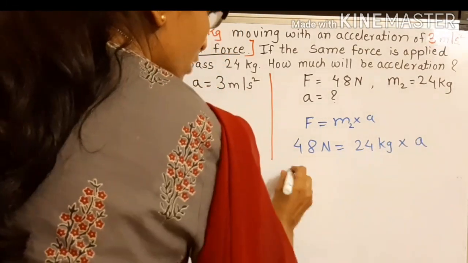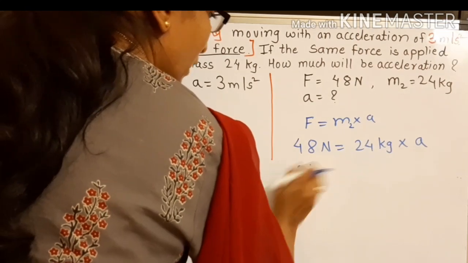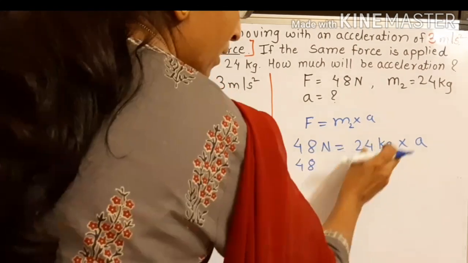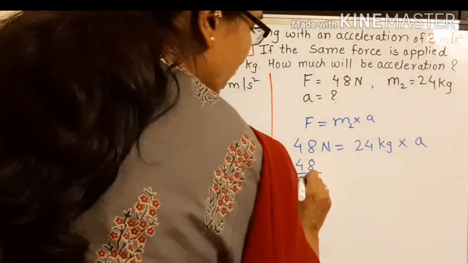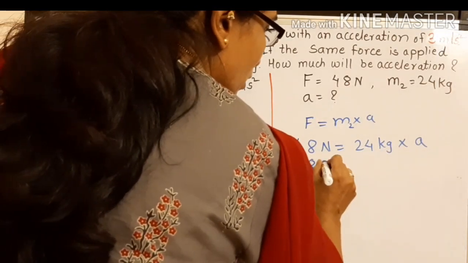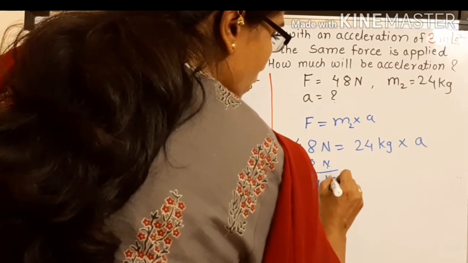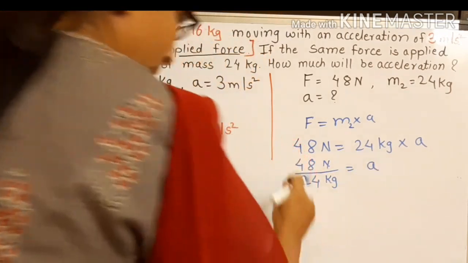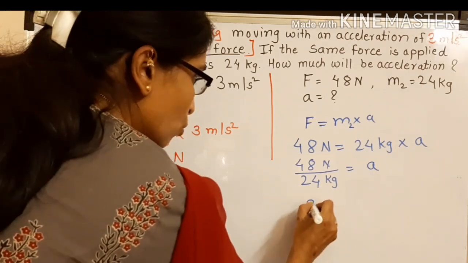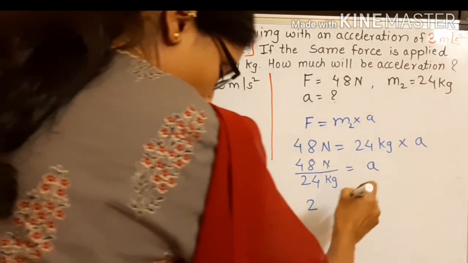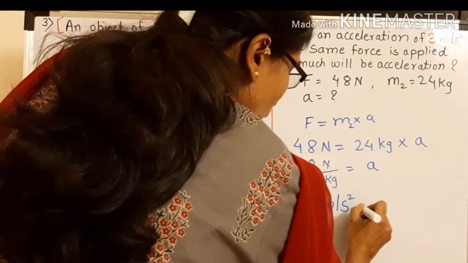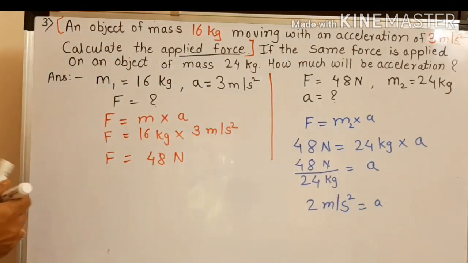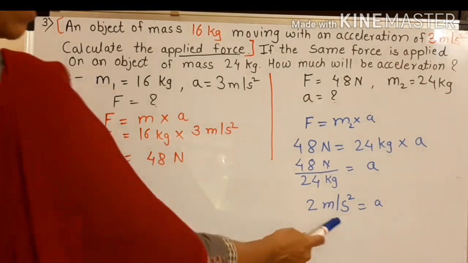So acceleration: 48 Newton, we take this 24 to the left-hand side, so it is divided by 24. This is Newton upon kg, which is equal to a. Divide this, the answer is 2. Now 2 meters per second square is the acceleration.